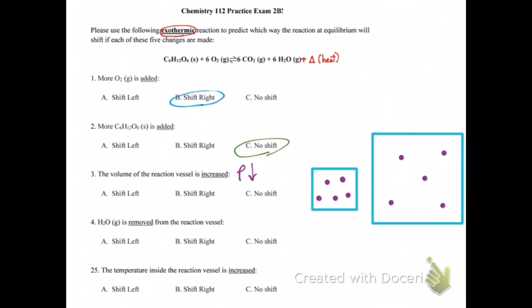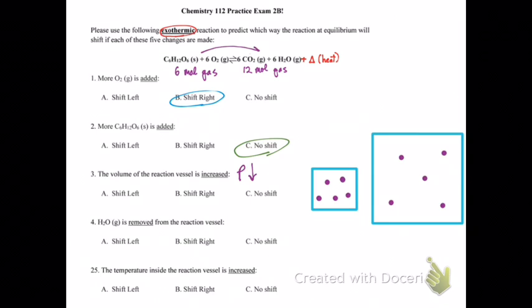So if we consider how many moles there are on each side of the reaction, there are 6 moles of gas in the reactants, and we're only considering gas because gas is what contributes to pressure. We have 12 moles of gas in the products. So since we made the pressure drop by increasing the volume, this reaction is going to shift toward the side that corresponds with more pressure.